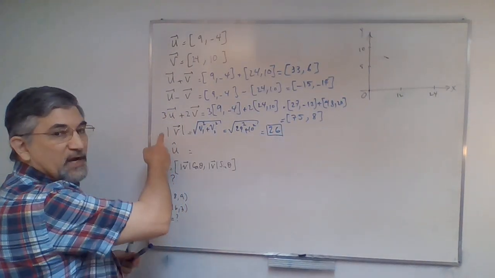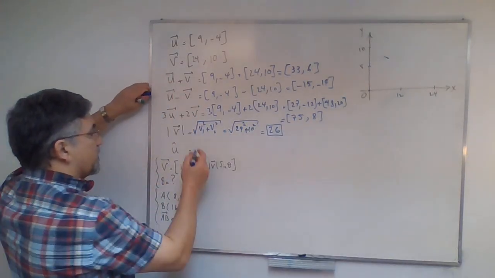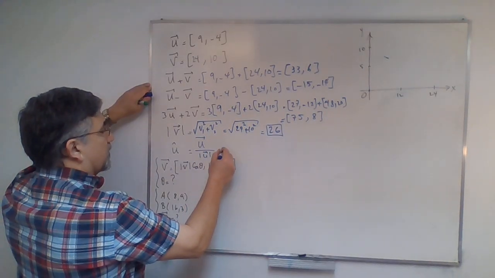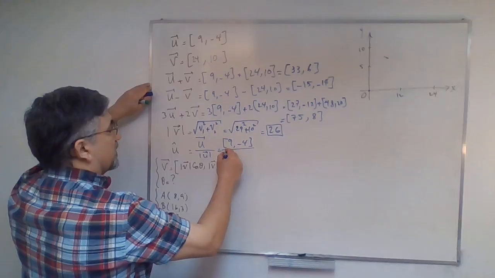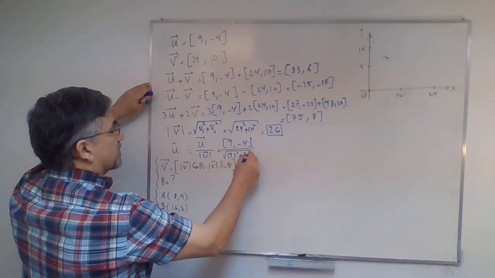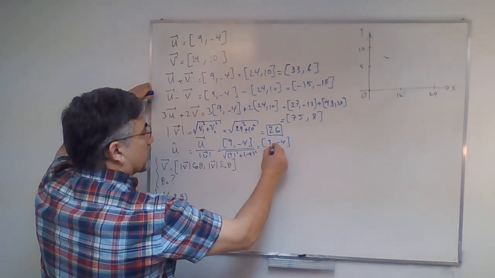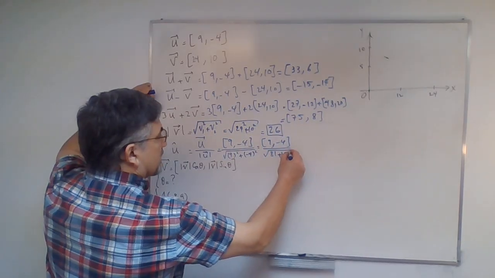Then it says u hat, which is the unit vector along the direction of vector u. So we said that we have to divide it by its magnitude. So the vector 9, -4 has to be divided by its magnitude, which is found by 9 squared plus -4 squared. So working this out, 9 times 9, 81. 4 times 4, 16.